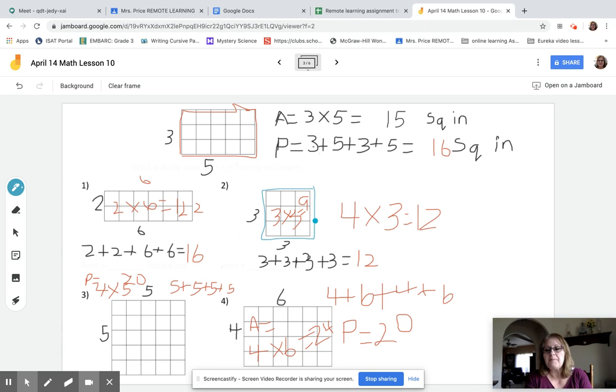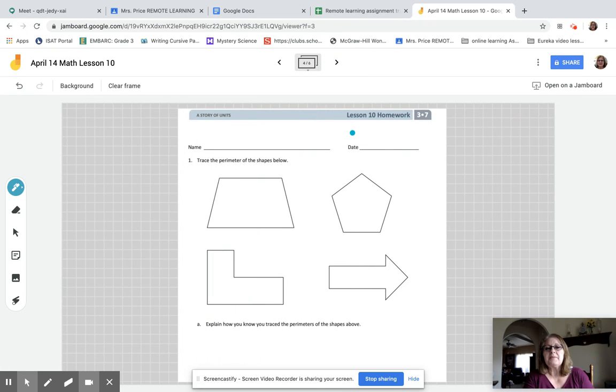Perimeter is the boundary of a shape, the outside boundary of a shape. Okay, this is what your homework is going to look like today. So it says you're going to trace the perimeter of the shapes below. So all you're going to do is just take a colored pencil or a colored whatever on your iPad, and you're going to trace around all of the perimeter on each of these shapes.